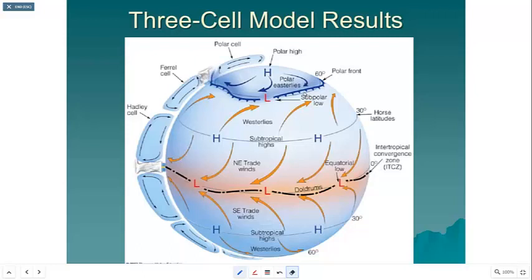And then this important feature up here at 60 degrees. So now we have another pressure belt, and it is going to be a low pressure belt at 60 degrees north and 60 degrees south. So we call this one the polar front region, the polar front low pressure belt.